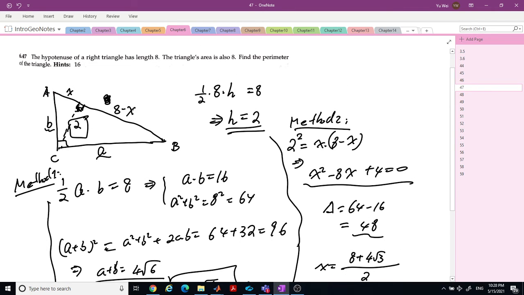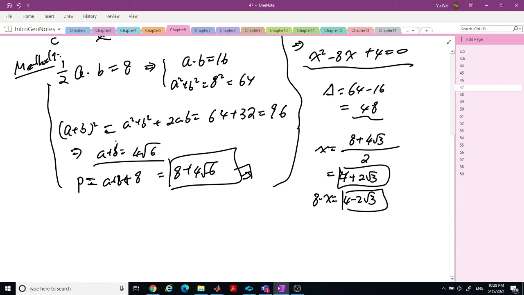Since you know this one, you can solve a and b, and you can also solve the perimeter. Okay. The rest of them I leave for you.